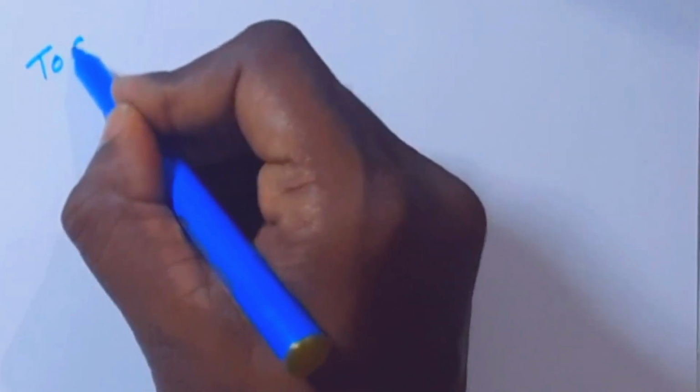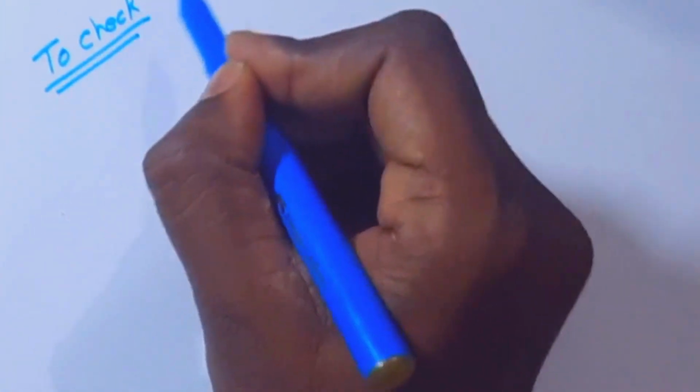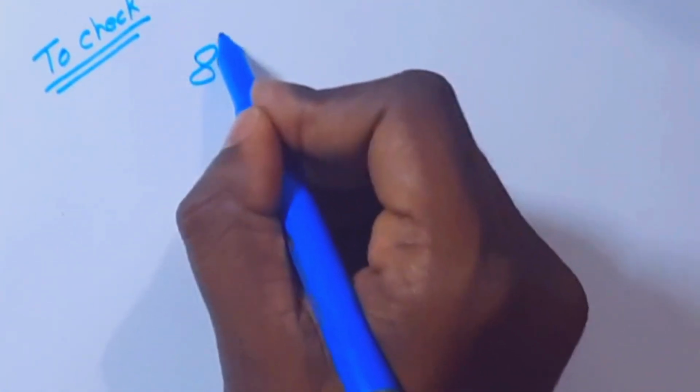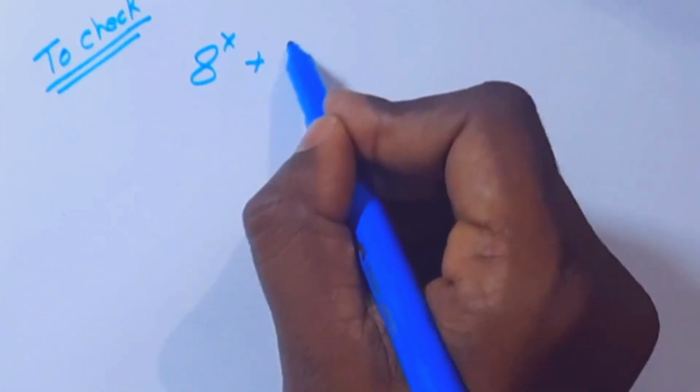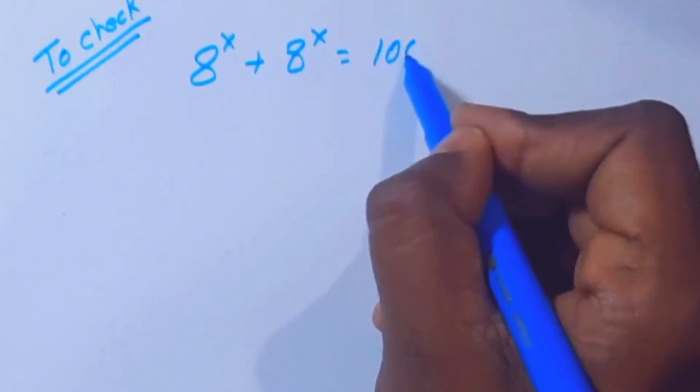To check: 8 power x plus 8 power x equal to 100.